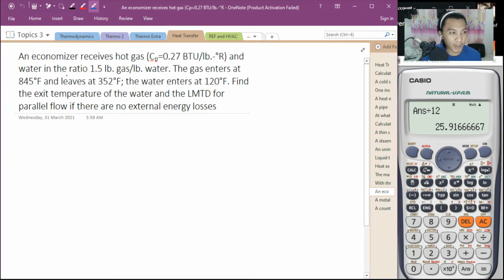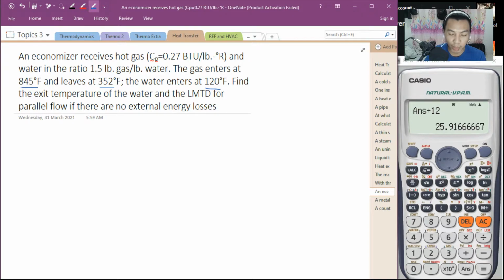The gas enters at 845 degrees Fahrenheit and leaves at 350 degrees Fahrenheit. Water enters at 120 degrees Fahrenheit. Find the exit temperature of water and the LMTD for the parallel flow. Parallel flow, magkasabay. If there are no external energy losses.